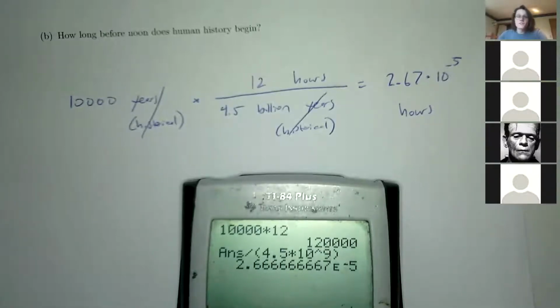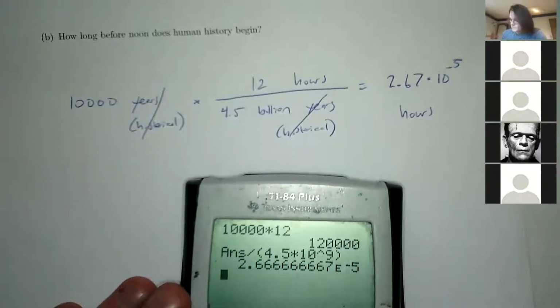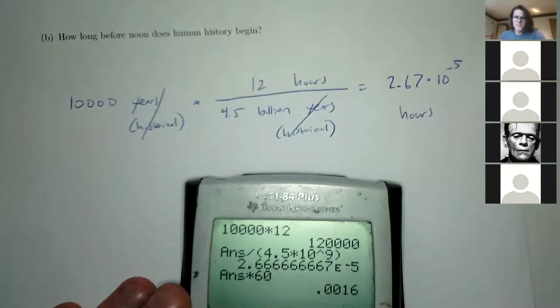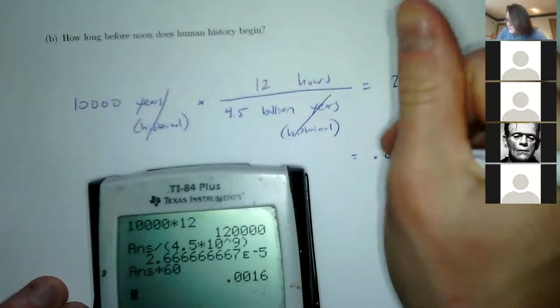I wouldn't expect you to necessarily do this, but you could convert it into minutes or even seconds. To convert it into minutes, I just multiply by 60, since there are 60 minutes in an hour. So you get 0.0016 minutes. Even that, I think, is an improvement.